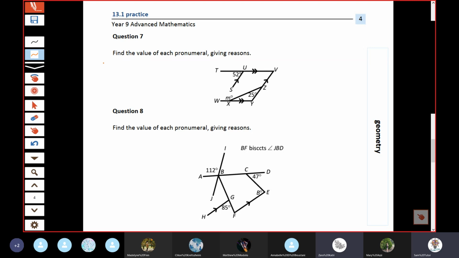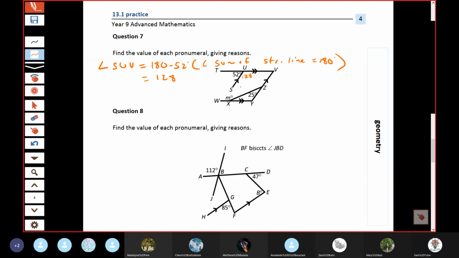So angle SUV equals 180 minus 52, which equals 128. And then reason: angle sum of straight line equals 180. Good. Yep. So let's put it in. 128.